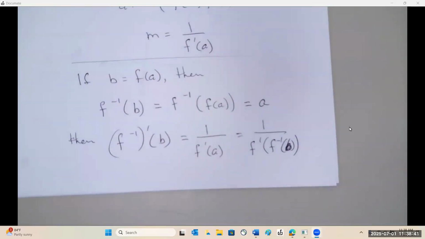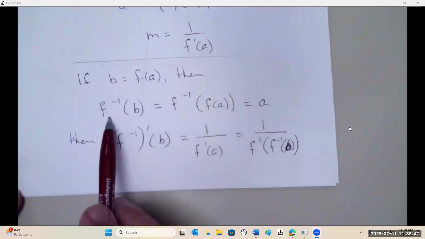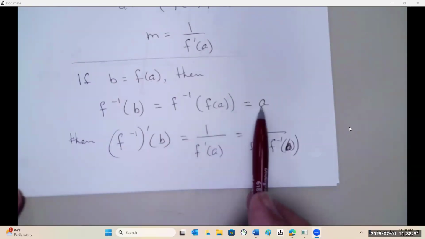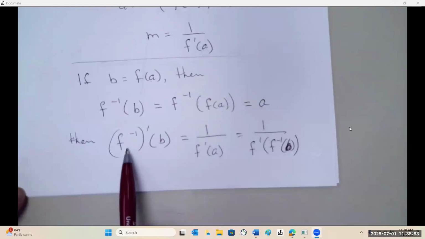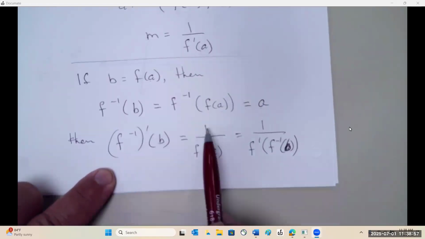Why is that? If b equals f of a, then the inverse of b equals the inverse of the function f of a, which is a. So the derivative of the inverse at b is 1 over f prime of a.